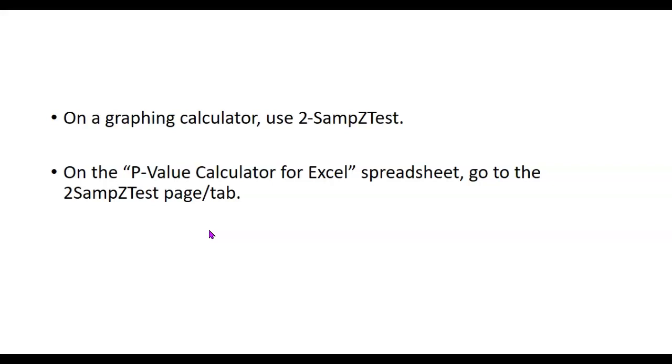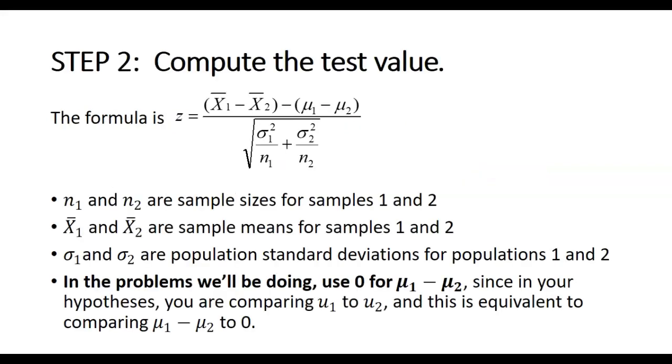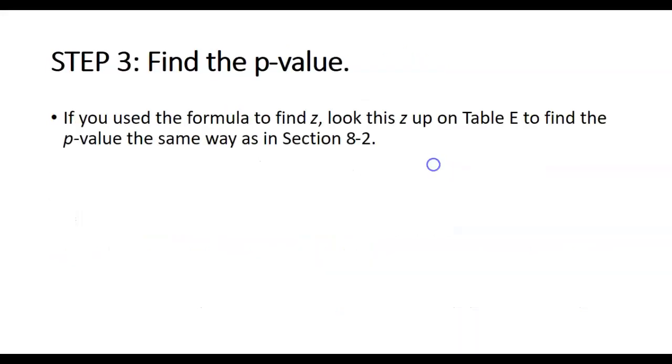So all of these I will demonstrate when we work through some actual examples. Hopefully this will all make sense once we go through some actual examples. Right now I'm just giving you the outline, then we'll come back and work through this and see how it all actually works. So step 3, find the p-value.